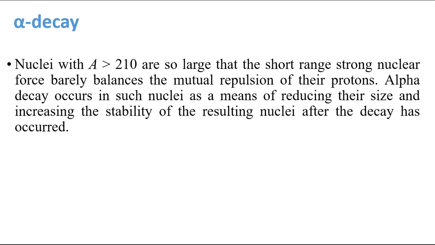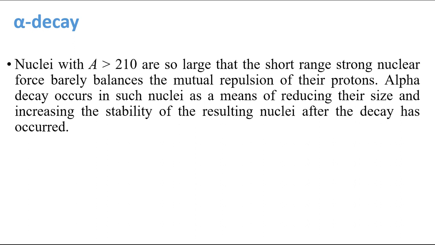Nuclei with a mass number greater than 210 are so large that the short-range nuclear forces barely balance the mutual repulsion of the protons, and alpha decay occurs in such nuclei.